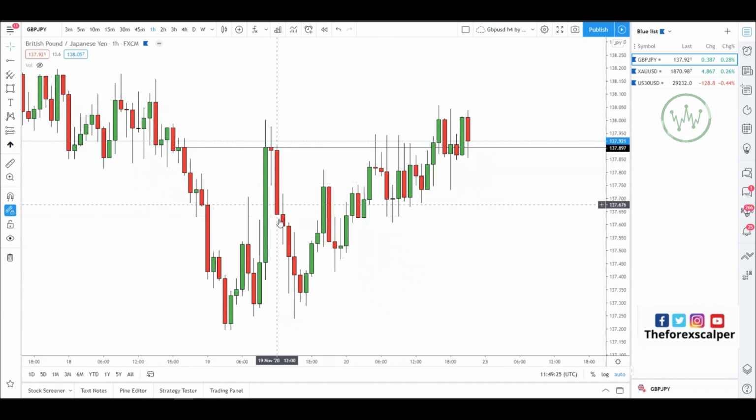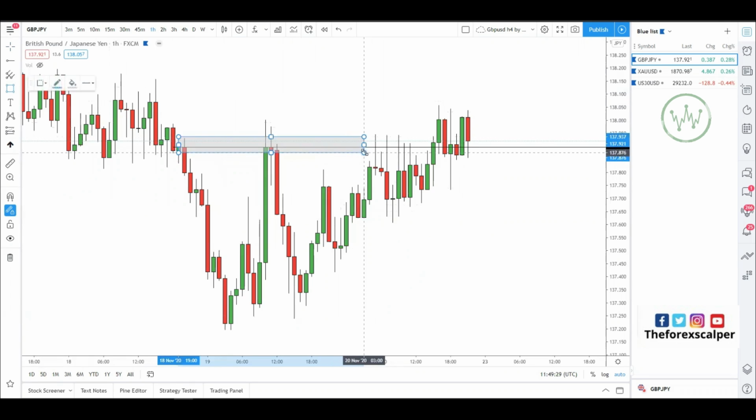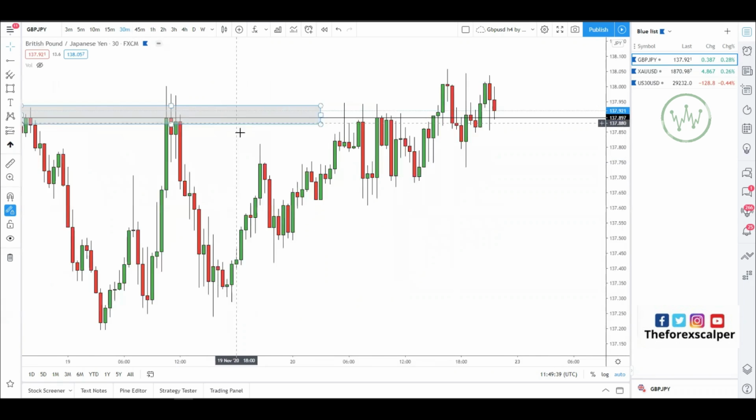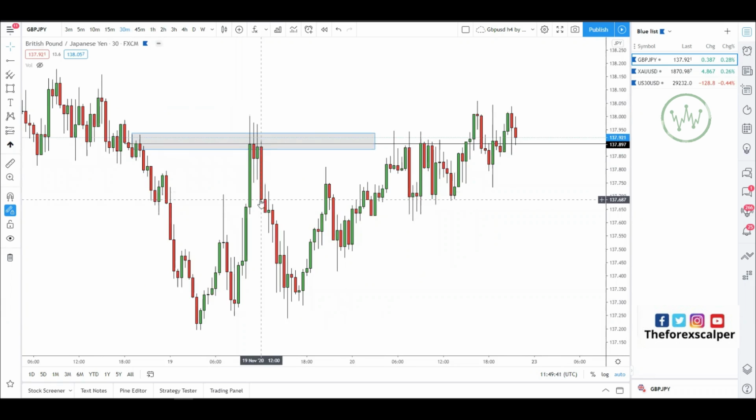And you can see we saw a pretty nice first test of this level of supply. So price created that nice leg to the downside, turning back to this fresh level, and price rejected this level. If you move to lower time frames, you can see that easily. It was a beautiful move, a couple of manipulation moves within this level, and price turning back to the downside.